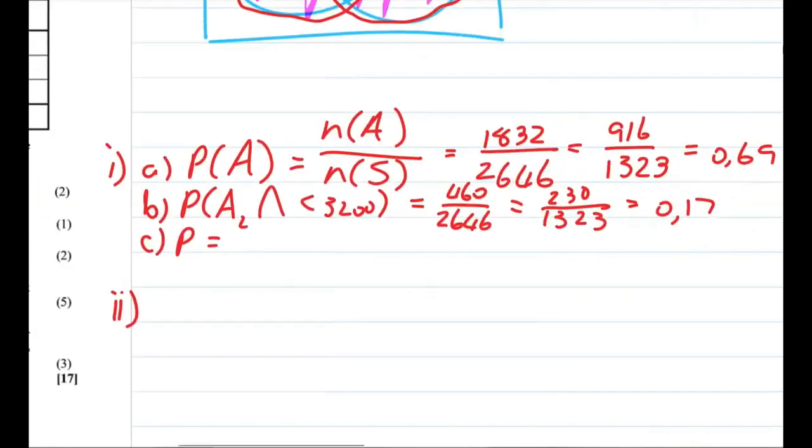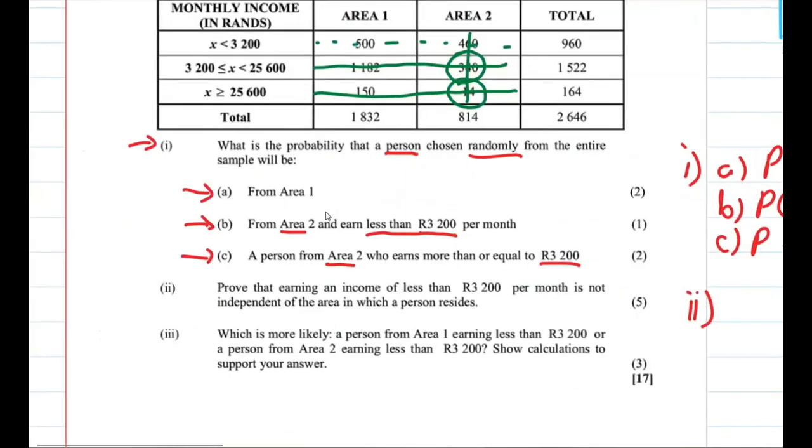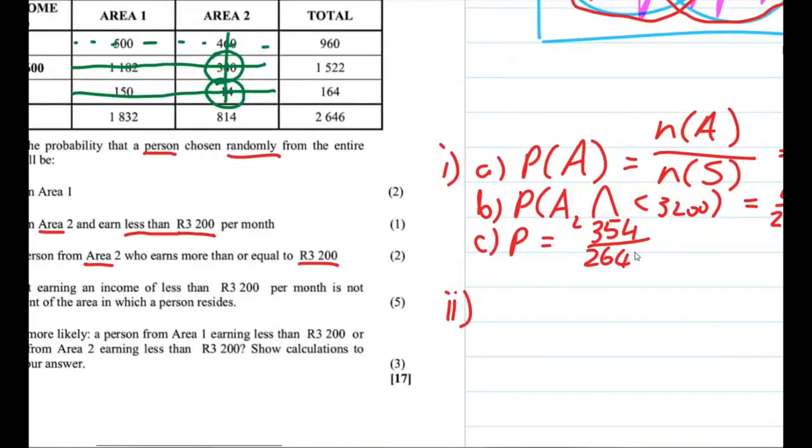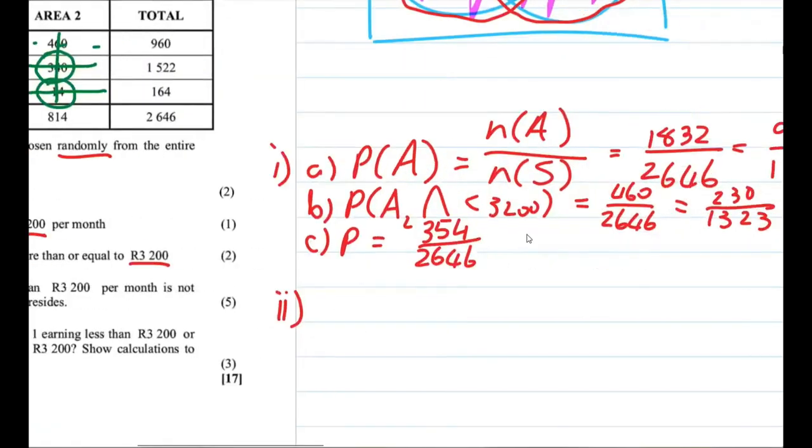Thank you, Wyatt. I think you are helping us out a lot here, because that's going to be, no, not 460. It's going to be 340 plus 14. Yes, which should be 354, but still over 2646, seeing as it's still all the people here in front of you.